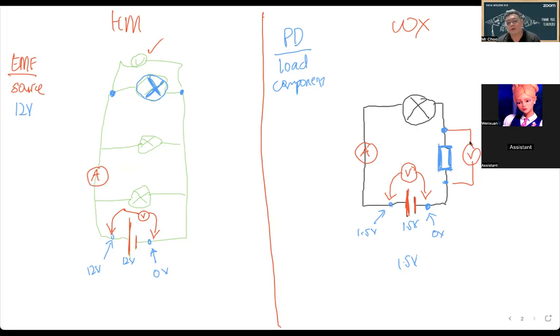Now we talk about the voltmeter. Ideally, should the voltmeter have a very high resistance or a very low resistance? Can you share with me?